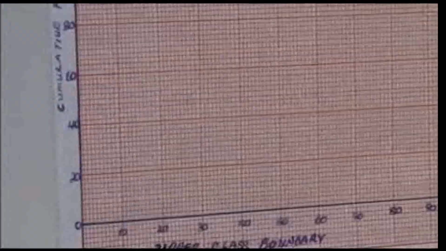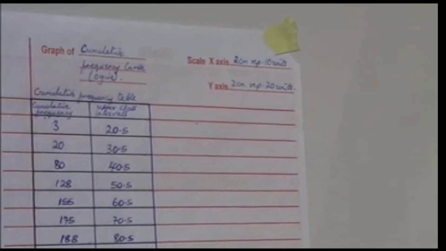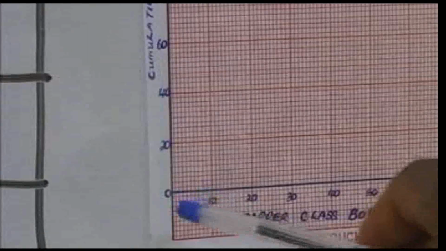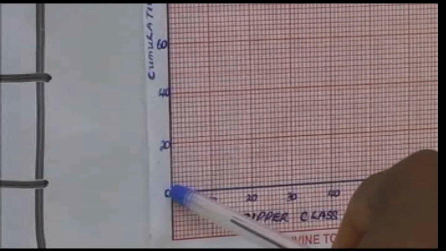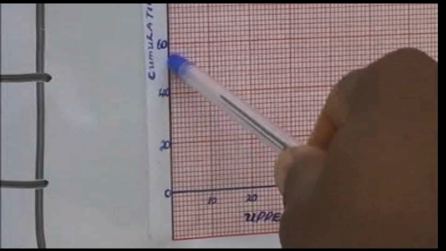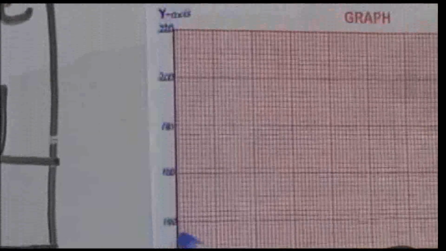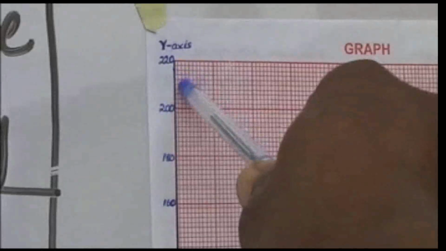Now on the vertical axis, which is the y-axis, the scale says 2 cm represent 20 units. So that was why you saw on the vertical axis you have 0, 20, 40, 60, 80, 100, 120 till you have 220.